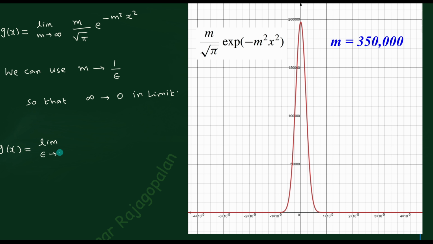Now we write epsilon approaching 0, then 1 divided by epsilon root pi into e to the power minus x square by epsilon square. You see that m square is given by 1 divided by epsilon square. As usual, let me highlight the m approaching infinity version.